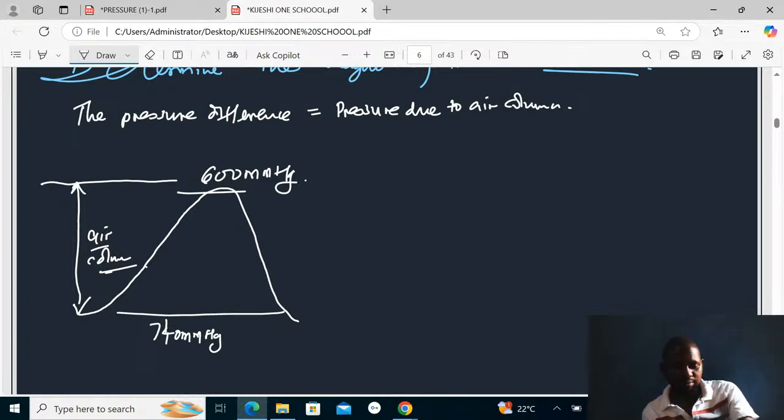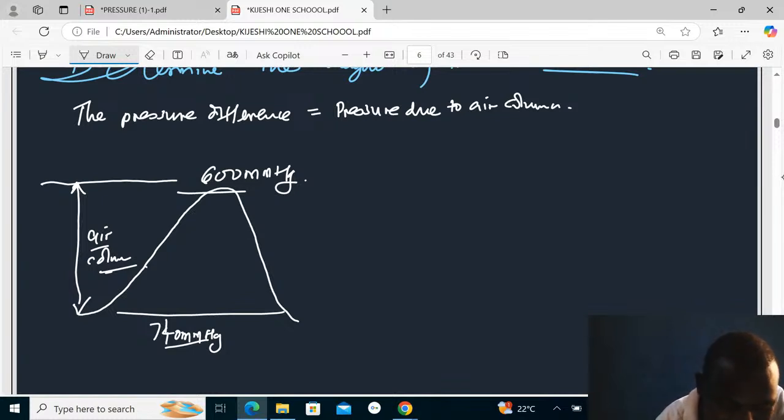Now from the air column, it is the one that is going to give us the height of the mountain. Therefore, you just need to say the higher pressure at the bottom minus the pressure at the top, which will be 740 millimeters of mercury minus 600 millimeters of mercury.